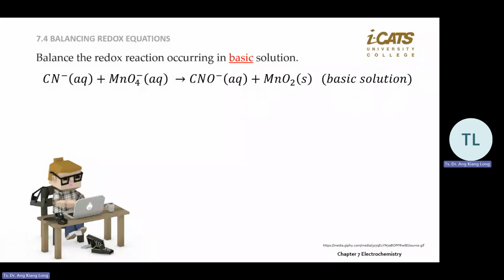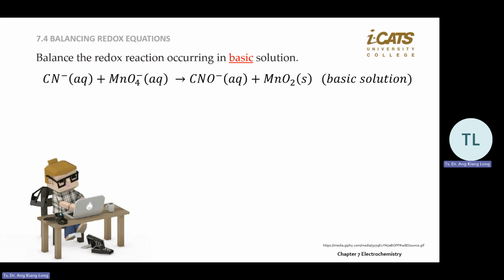Let's say you have CN negative and MnO4 negative, then become the products CNO negative and MnO2. Okay. So without any calculation, by just observation, what happened to CN negative? By looking at the notes that I wrote on the whiteboard here, CN negative becomes CNO.